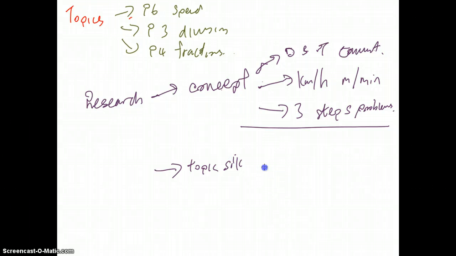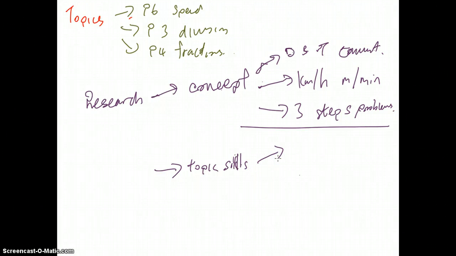Now what are these topic skills? If you look at the test papers and the workbooks, you will realize that there are a few more skills that the students need to learn.